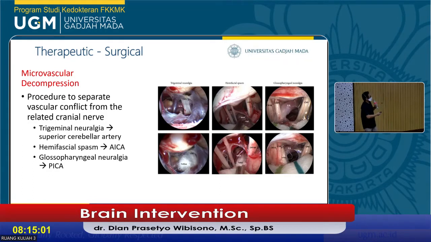So in trigeminal neuralgia, there is a conflict or direct connection between the trigeminal nerve, the fifth cranial nerve, and the superior cerebellar artery. When there is conflict, it can cause pain felt in the region of the fifth cranial nerve: ophthalmic branch, maxillary branch, mandibular branch. So it will be very, very painful, and it is intractable pain.